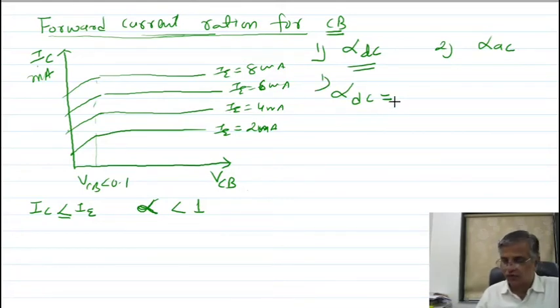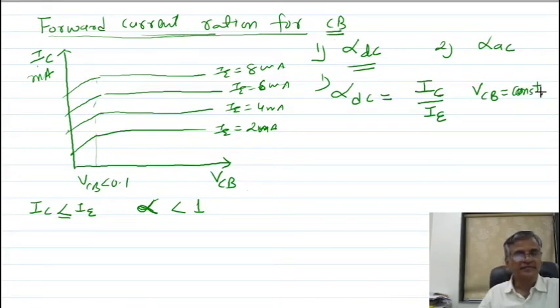Listen, the DC current gain for common base is the ratio of the static value of the collector current to the static value of the emitter current for a constant value of collector base voltage.